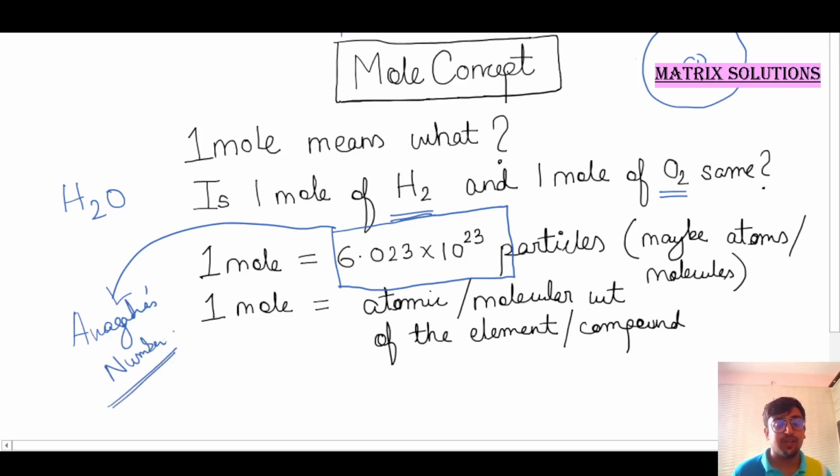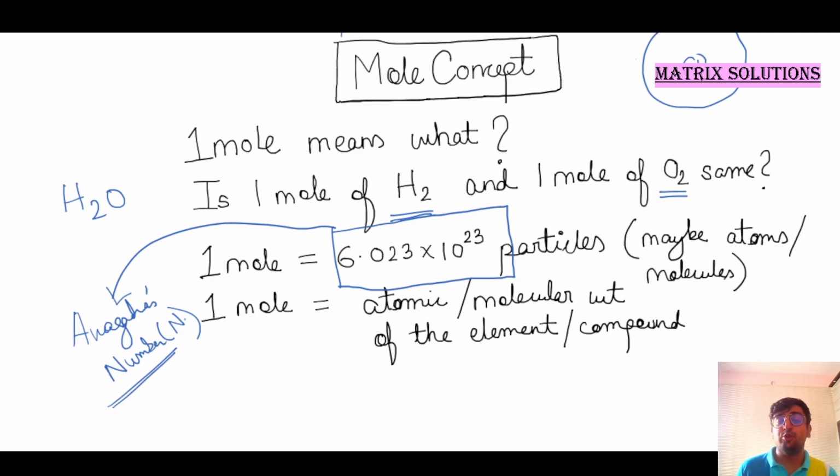We can write it as capital N also. So 1 mole of H2 will have 6.023 into 10 to the 23 molecules. Same goes for O2. 1 mole of O2 will contain 6.023 into 10 to the power 23 molecules. Means the number of molecules in 1 mole of H2 and 1 mole of O2 are numerically the same.